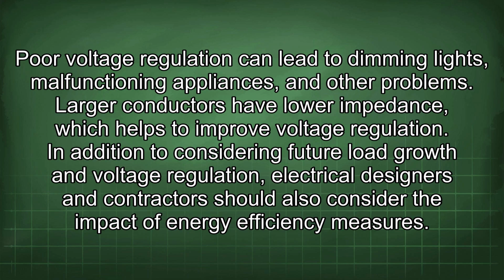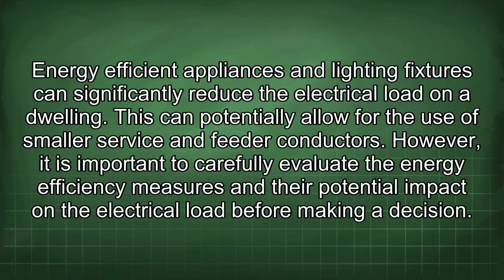In addition to considering future load growth and voltage regulation, electrical designers and contractors should also consider the impact of energy efficiency measures. Energy-efficient appliances and lighting fixtures can significantly reduce the electrical load on a dwelling. This can potentially allow for the use of smaller service and feeder conductors.